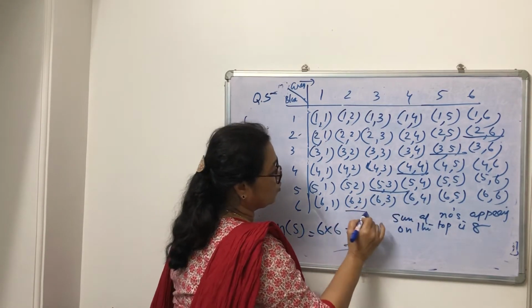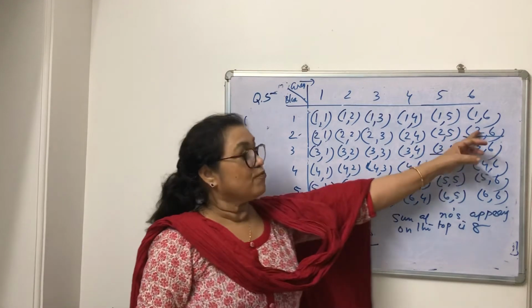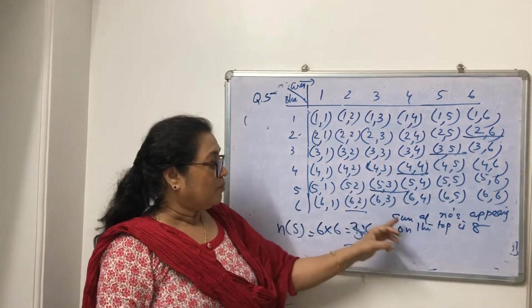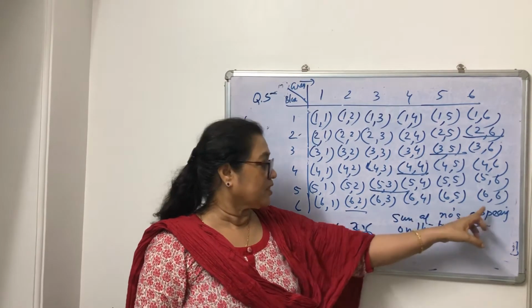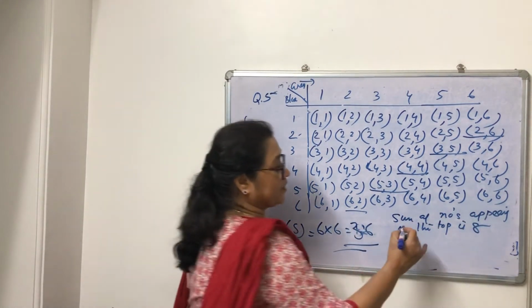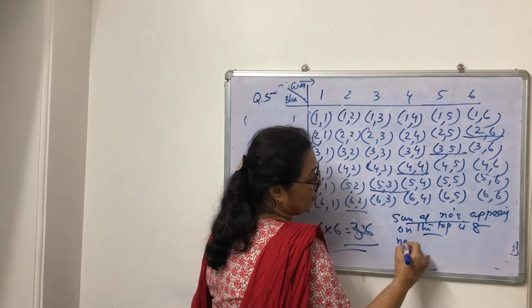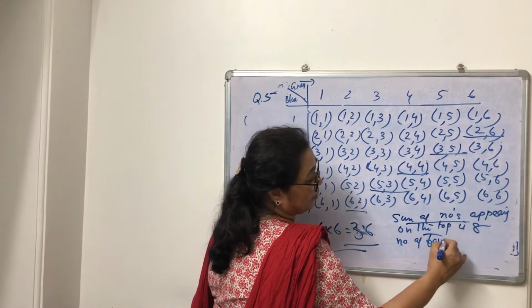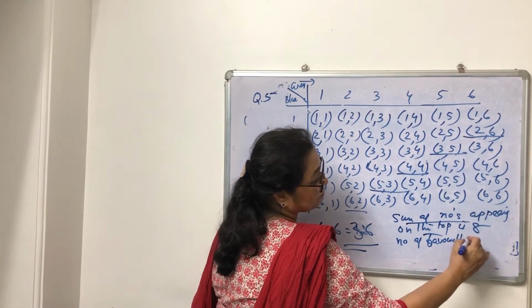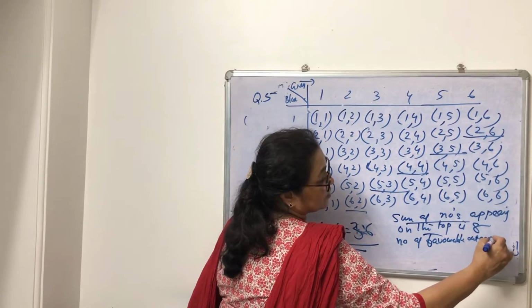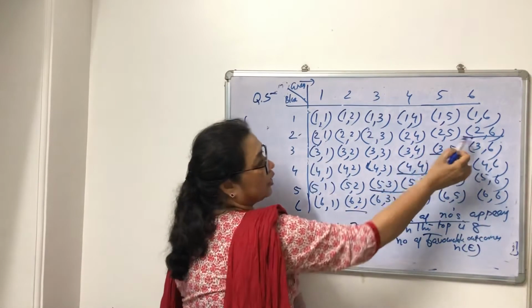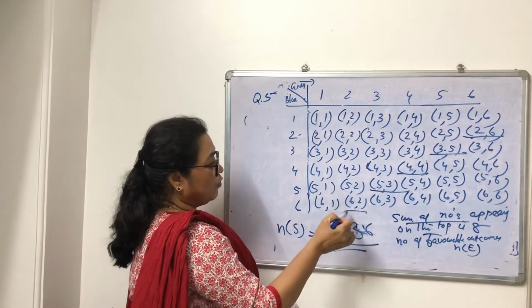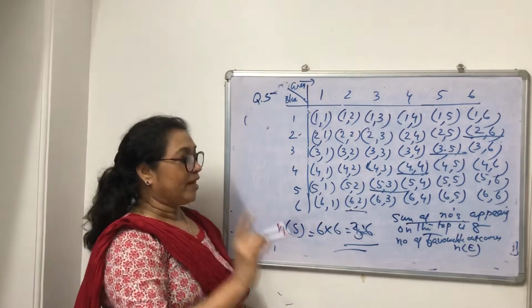6 plus 2, 8. These are the favorable outcomes, because our chosen event is the sum of the numbers appearing on the top is 8. So what is the number of favorable outcomes? NE is how many? 1, 2, 3, 4, 5. 5 times the sum 8 is coming.